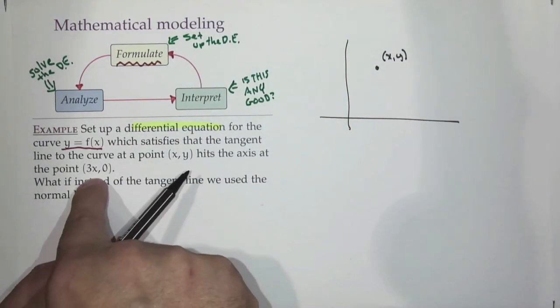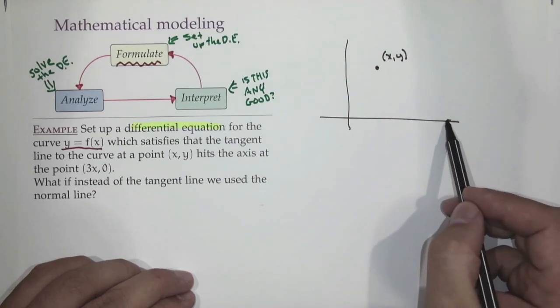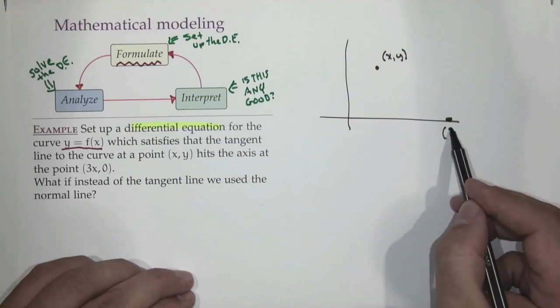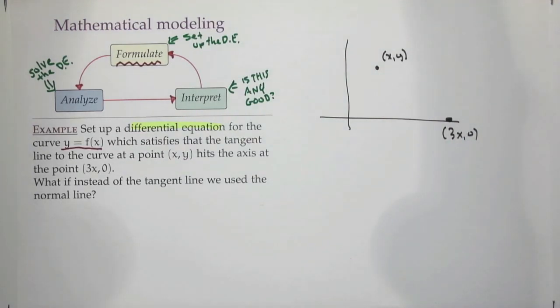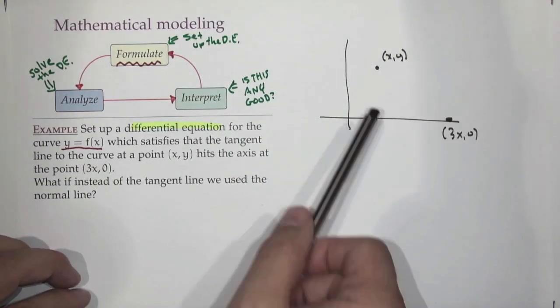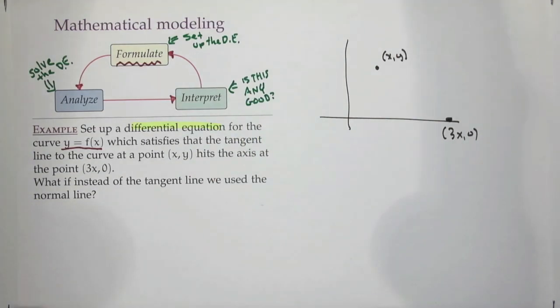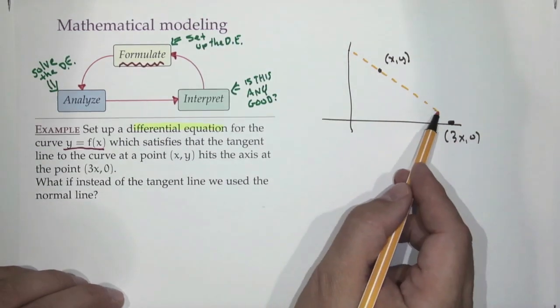The point 3x comma 0, well, that says you go to whatever your x-coordinate is 3 times further out. 0 says you're on the x-axis. So there's 3x comma 0. And now, notice it says the tangent line at this point hits the axis. So that's cool. So there's our tangent line.